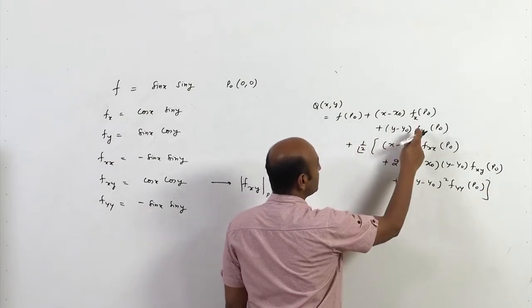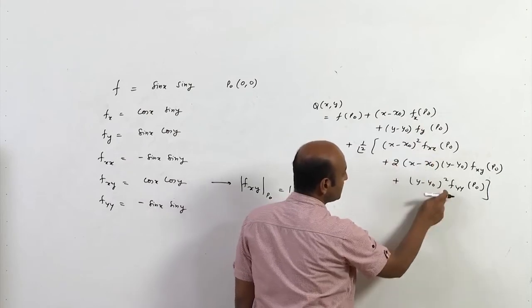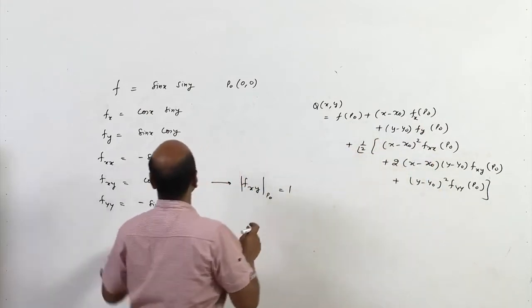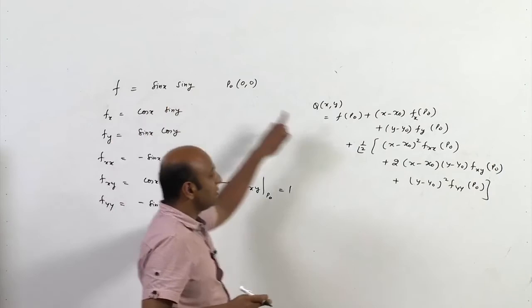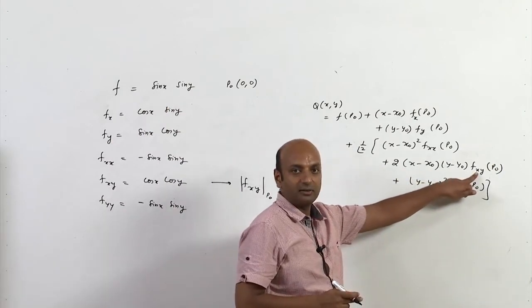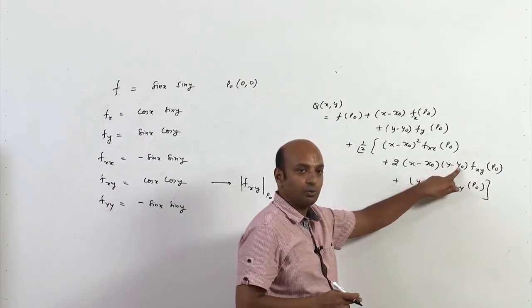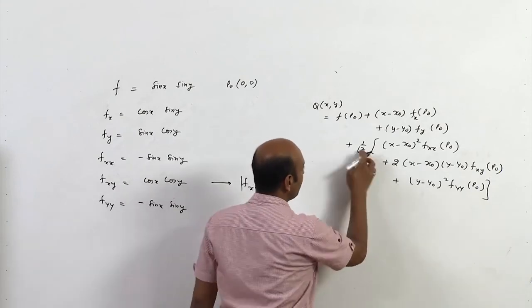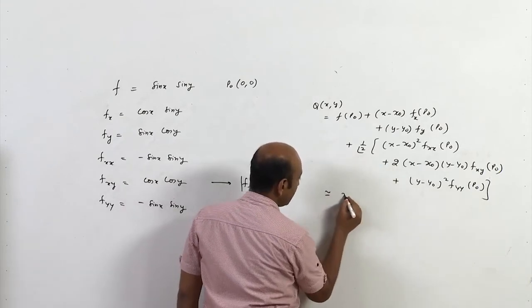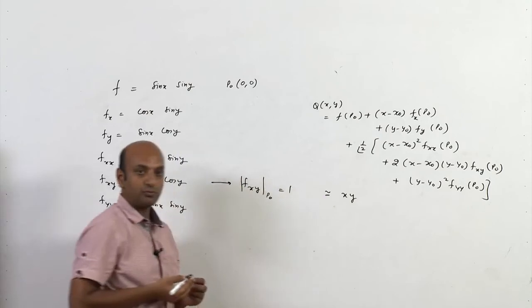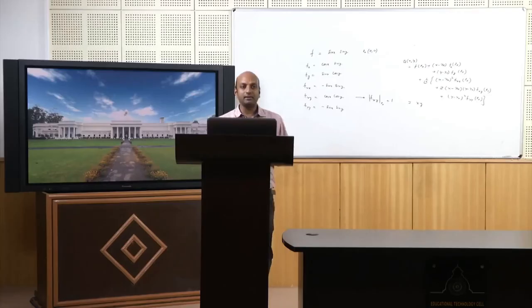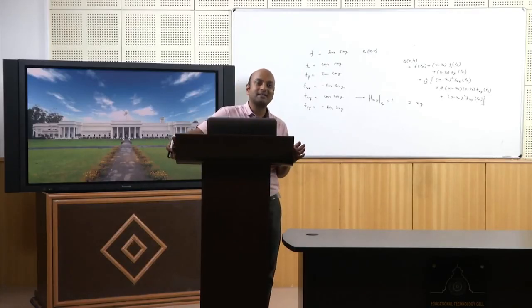Now, this is 0, this is 0, this is 0, this is 0 and f at p naught is also 0. So, we are left with only this term which is 1, and x naught and y naught are 0. So, this is 2 by 2 which is 1. So, this is given by x into y. So, x into y is the quadratic approximation of this f.